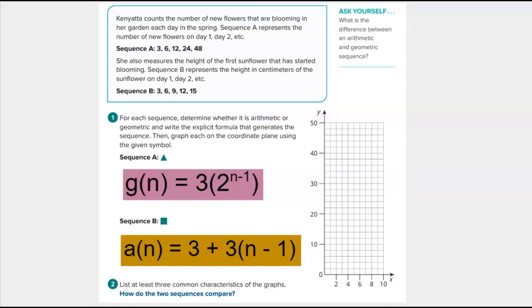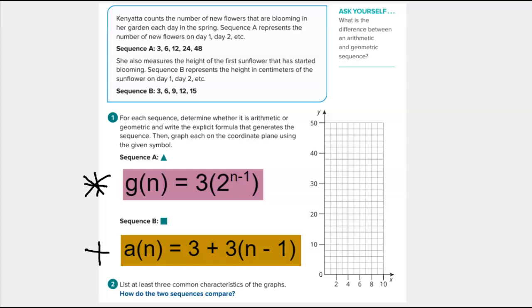So some of the things that are true about geometric sequences and arithmetic sequences, you're going to want to remember. So geometric sequences are the ones that multiply to get from one term to the next. I'm going to draw an asterisk, meaning multiply. And arithmetic sequences are the ones that add to get from one term to the next.